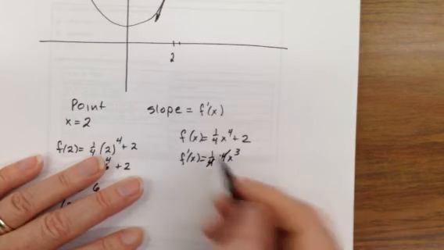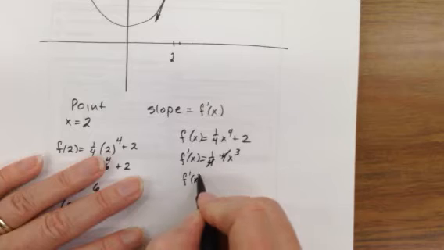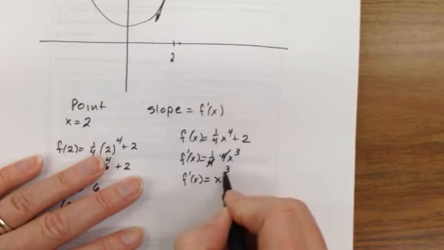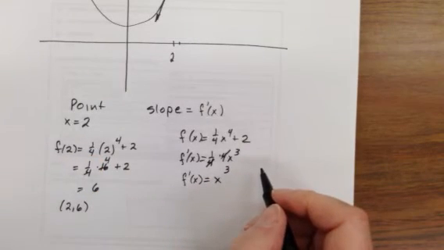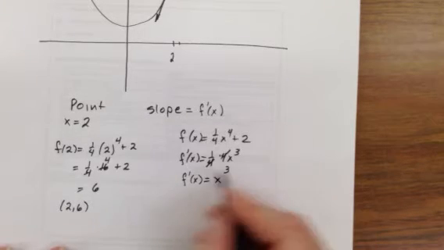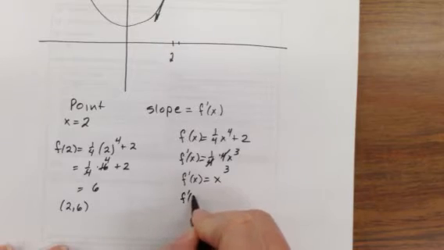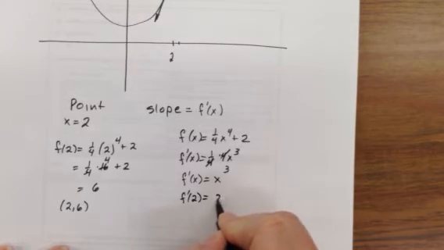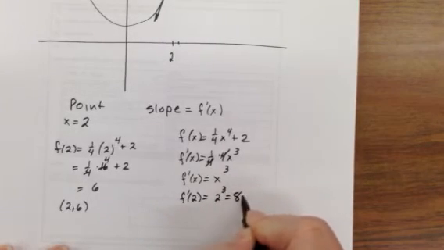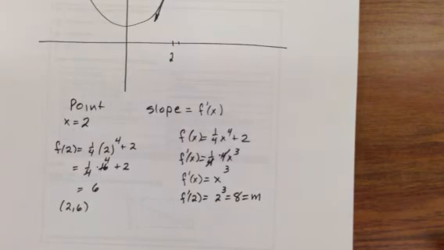Oh, look how nice that is. So this will give us the slope of the tangent lines anywhere along the curve. Well, we don't want it anywhere. We want the slope specifically when x is 2. So we fill 2 in.